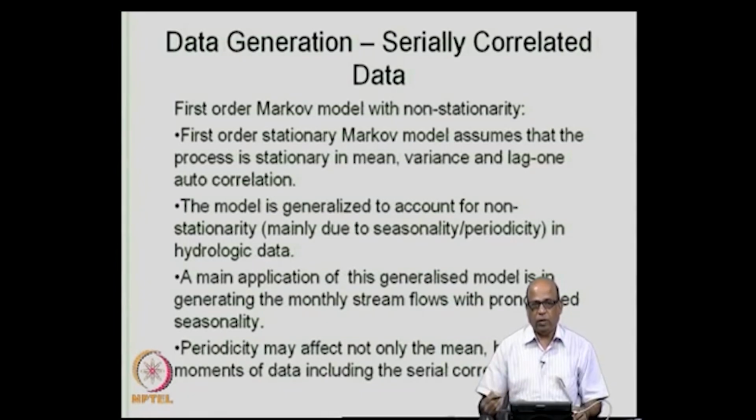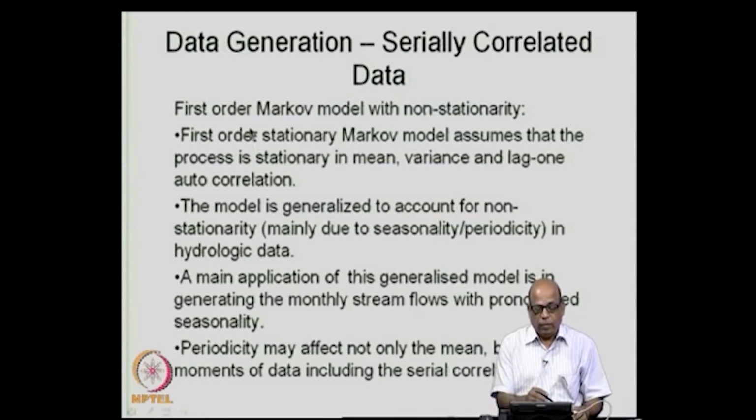So, there are many situations where the mean, standard deviation and the lag 1 correlations will be significantly different from one month to another month, and therefore, it is essential that we build in this variation or this non-stationarity in the moments into the generating model.